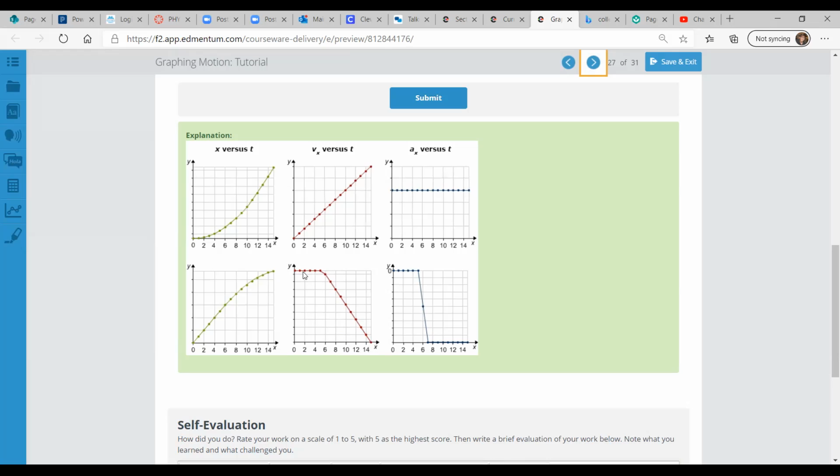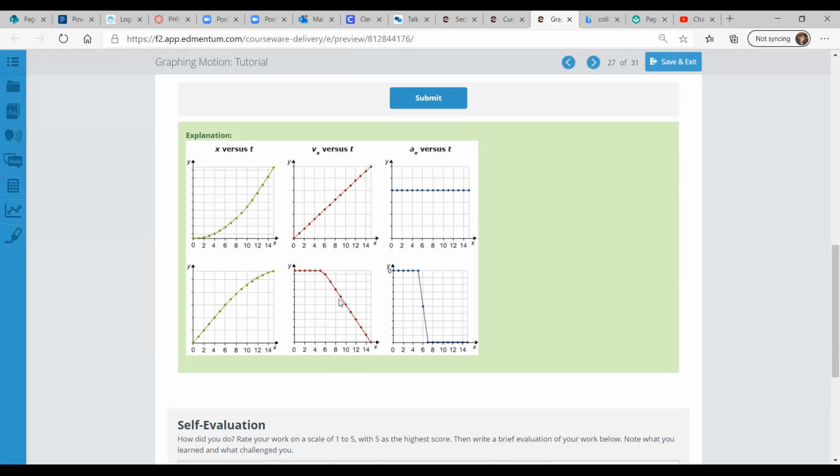And that means this graph doesn't really make sense right here, but just ignore that zero. That means here the acceleration was zero because there is no slope. There is no change in y over x. There's no change in velocity, so acceleration equals zero right here.